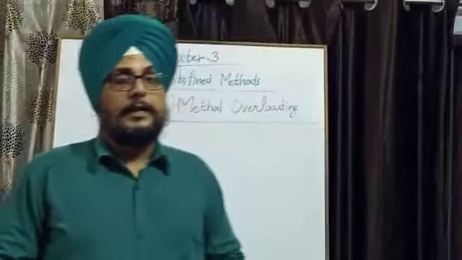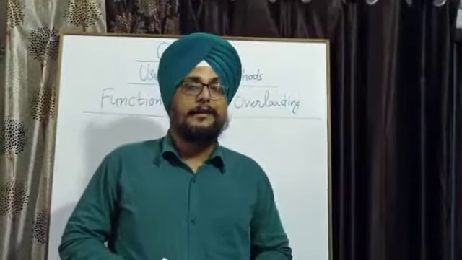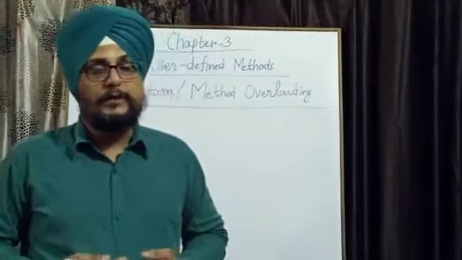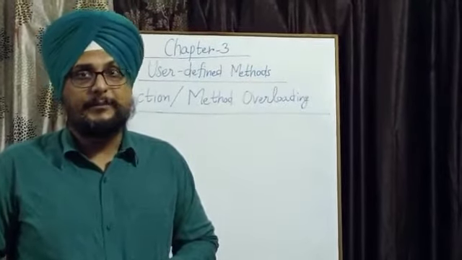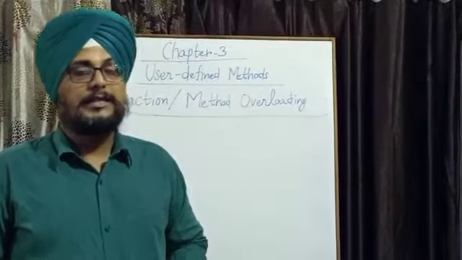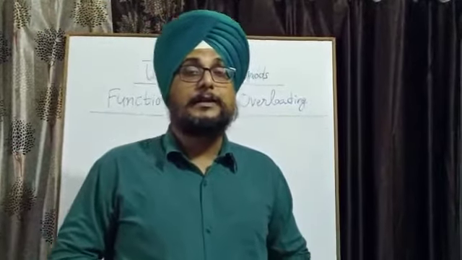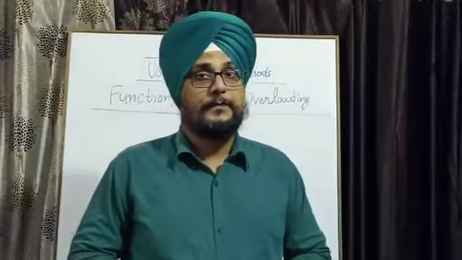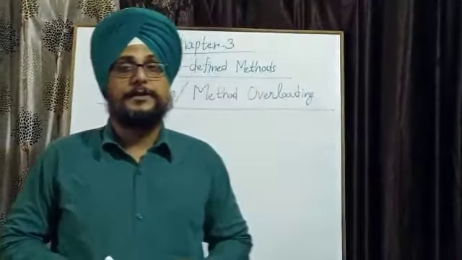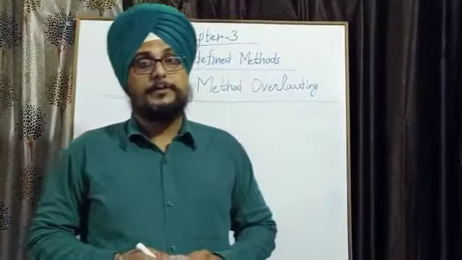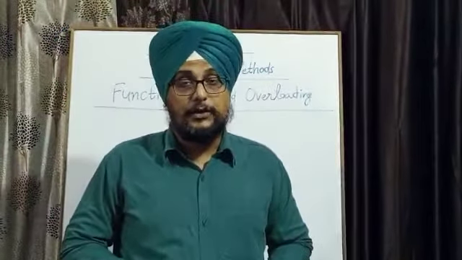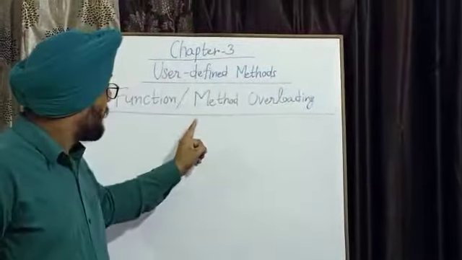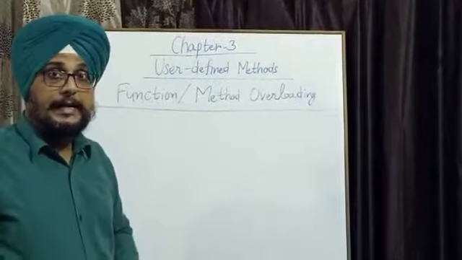Now Java has given us the facility that we can create many functions having the same name, but the condition is that there should be a different parameter listing. Either the number of parameters should change or the type of parameters should change. Then only the process of function overloading or method overloading will be completed.